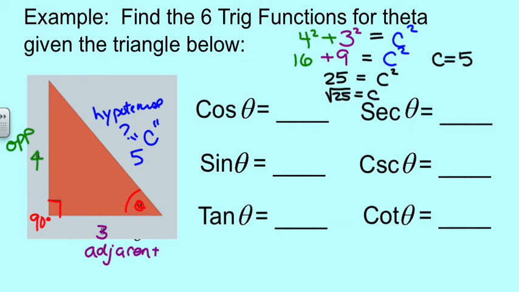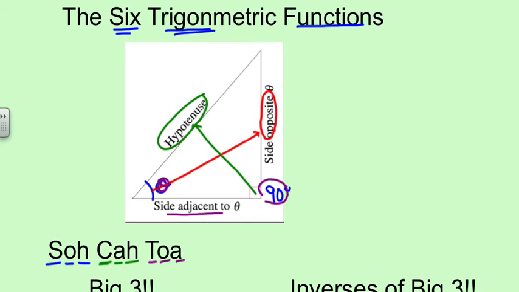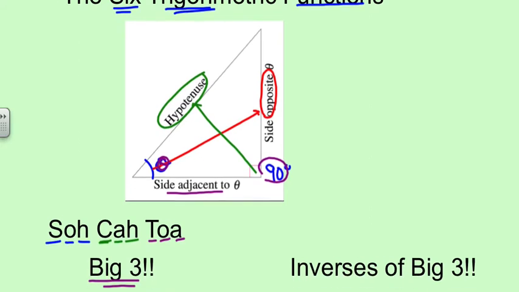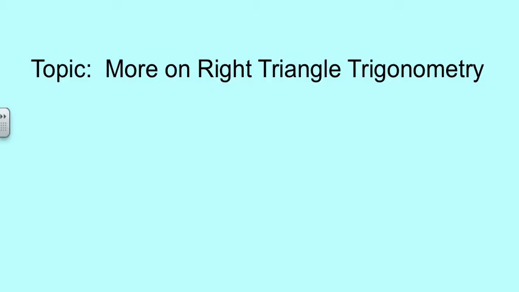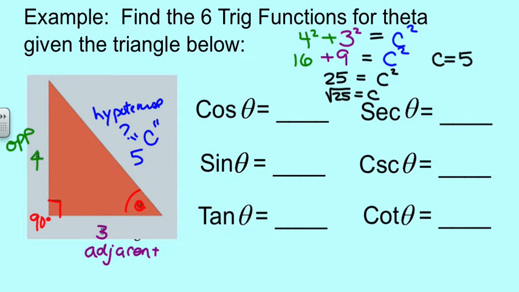Now, if you remember from a previous video, these 6 are our trig functions with the equation. So please make sure you're looking at your notes when we do this. All right, so we want to find the sine, cosine, tangent, secant, cosecant, and cotangent.